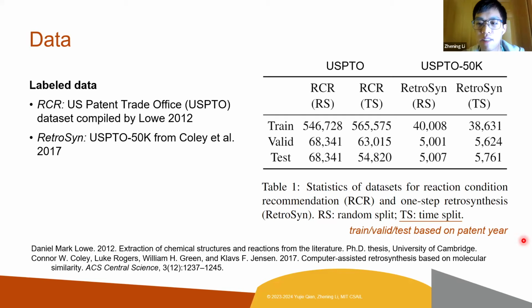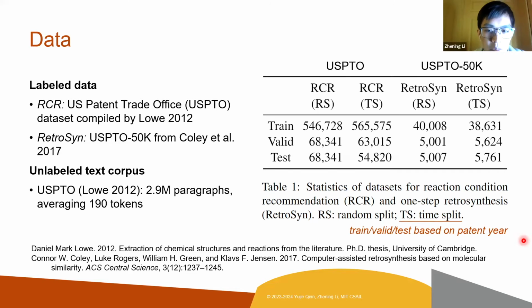And we expect the time-based way of splitting data to be more challenging for the model, because oftentimes patents or journal articles published in a similar time frame or in the same paper are often related to each other and are therefore more similar. Whereas those published in a future date will look a little more different from those that are from the past.